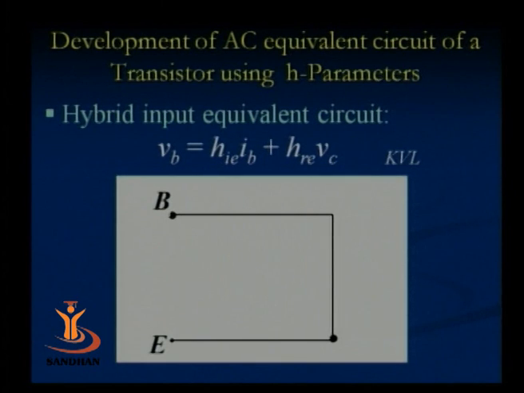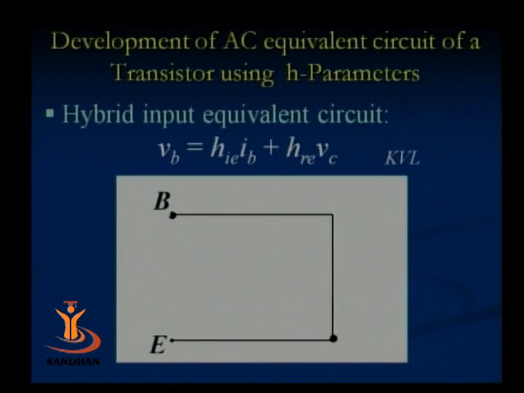Normally once we know the H parameters, they are used to develop a circuit of a particular transistor to know its performance. Now let us find out how an AC equivalent circuit of a transistor can be obtained using H parameters.